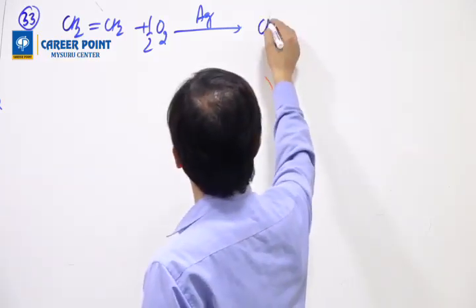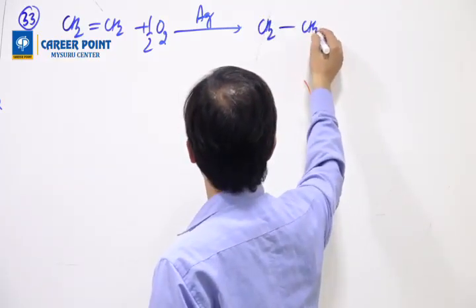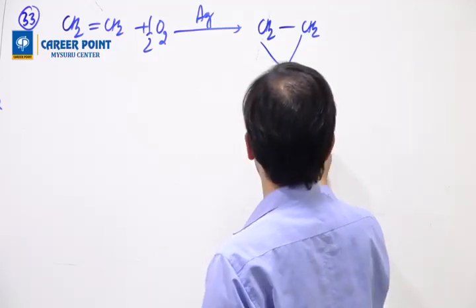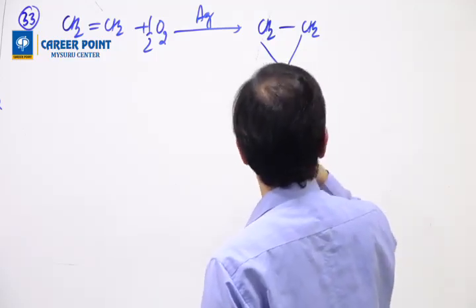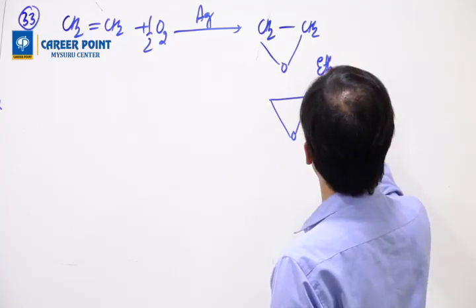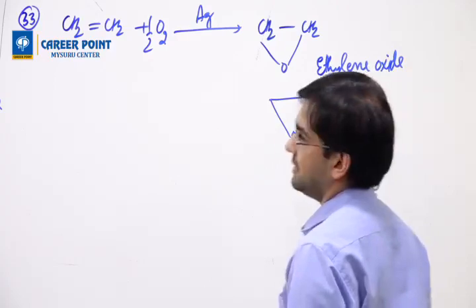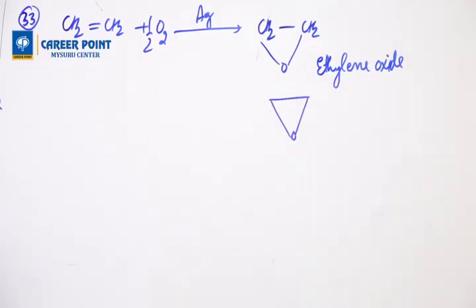Then we get a compound, CH2, CH2O, or we can draw it like this also. This is called ethylene oxide, also called a cyclic ether.